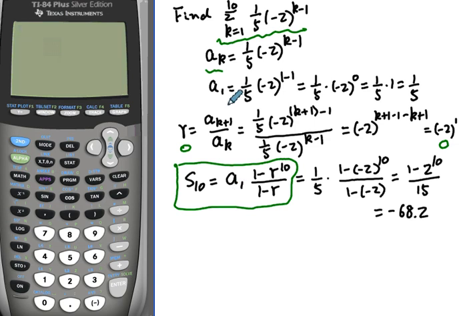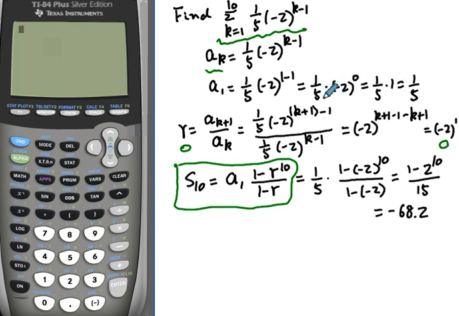a_1 is the first term, so you plug in 1 here. Substitute 1 for k, okay, 1 minus 1. That's the 0 exponent. Negative 2 to the 0 exponent is 1, not 0.